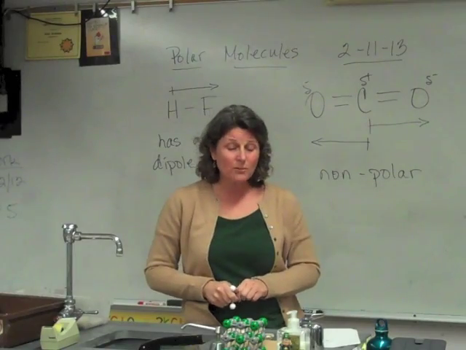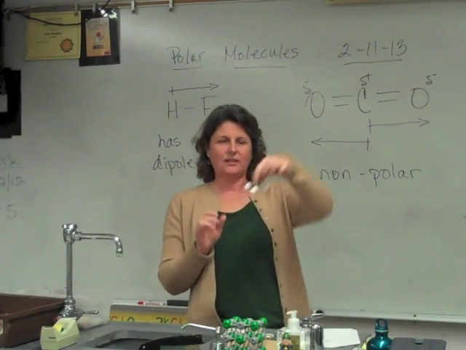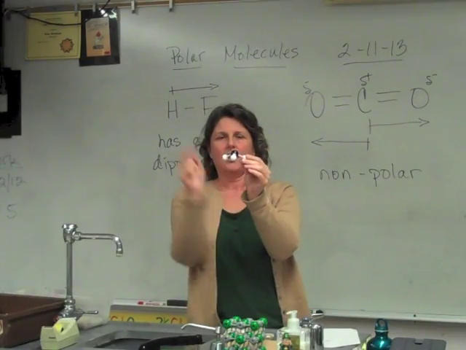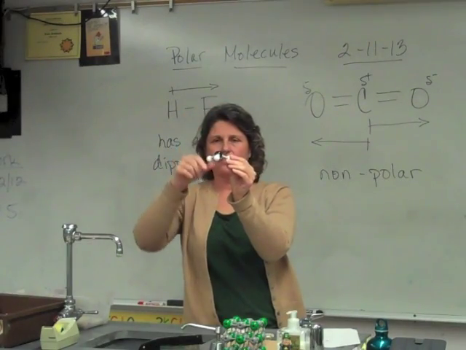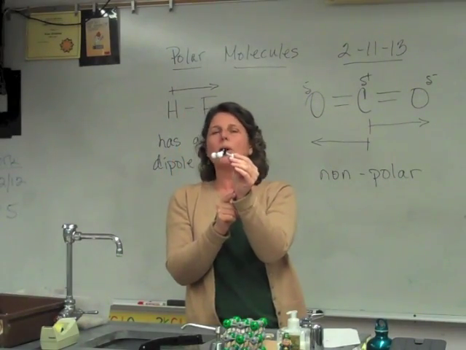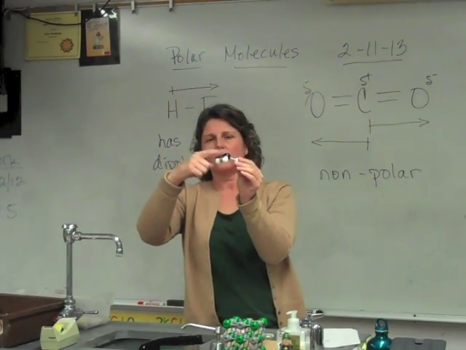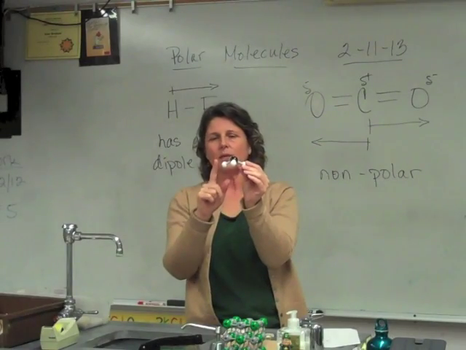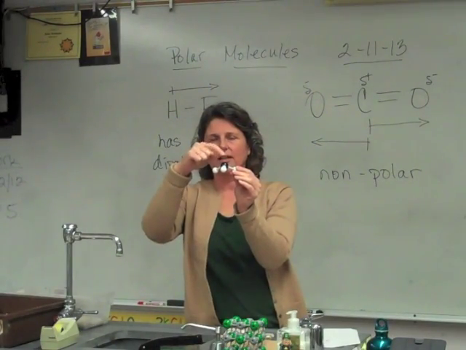But what if it's pyramidal? Like this, right? And this would be our lone pair right here. So ammonia, for instance. All of these are polar bonds between nitrogen and hydrogen. Electropositive, electronegative.